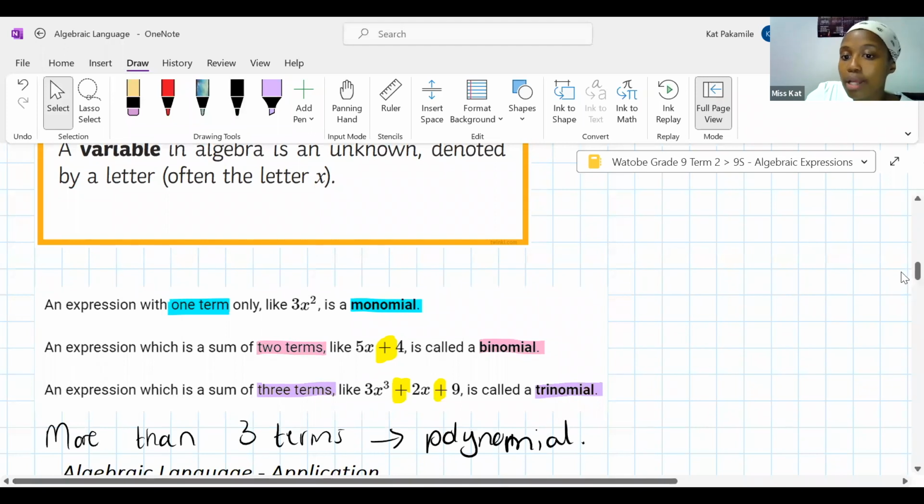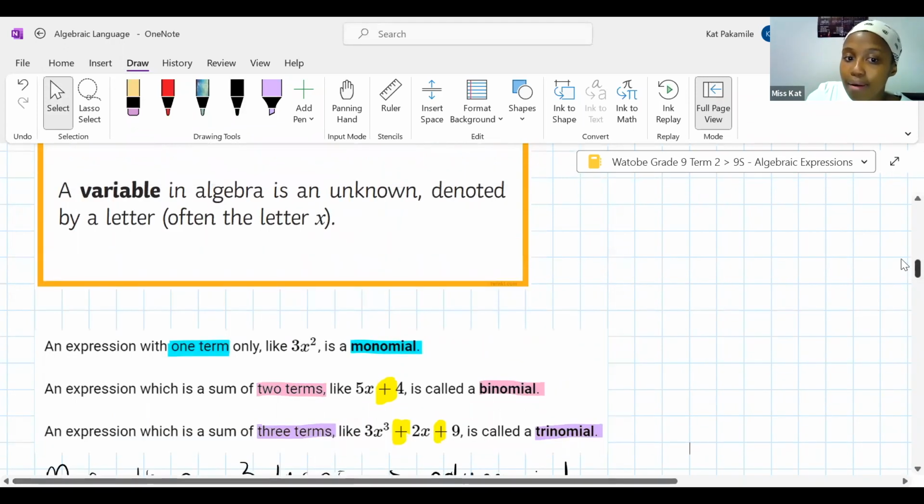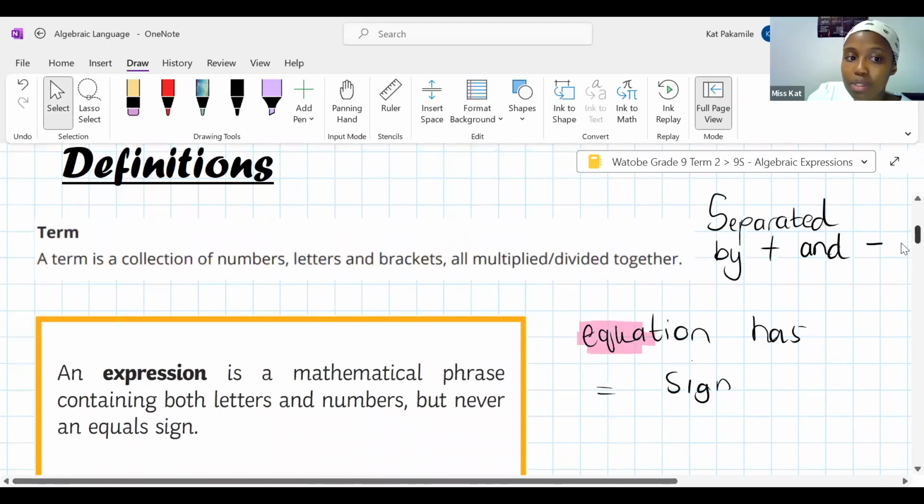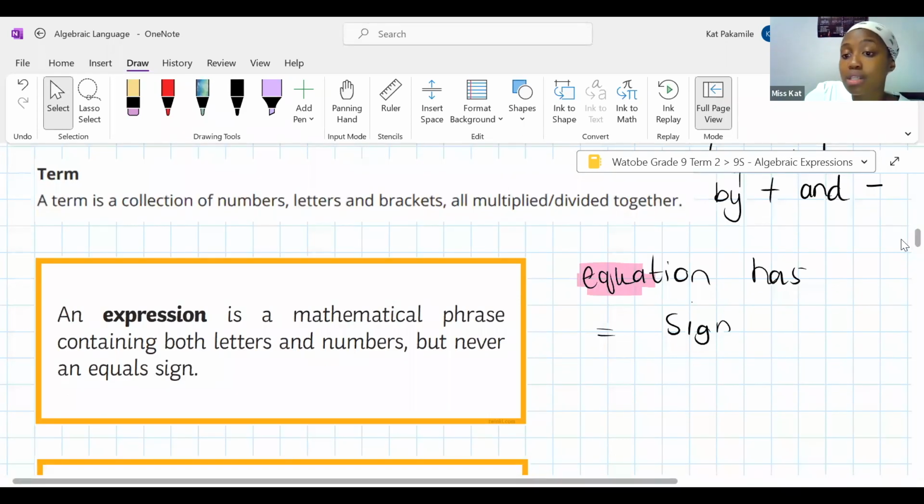Okay, so I think we are all sorted with our vocabulary. I'm going to give you guys a few seconds to take screenshots of these. 4, 3, 2, 1, 0.